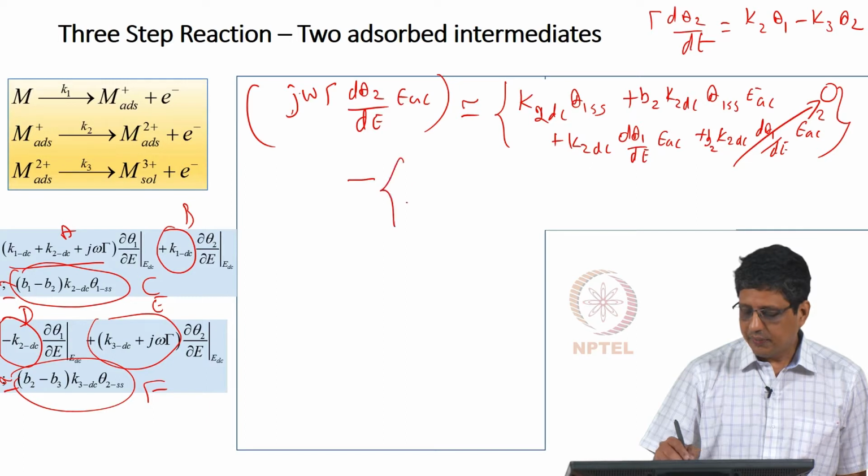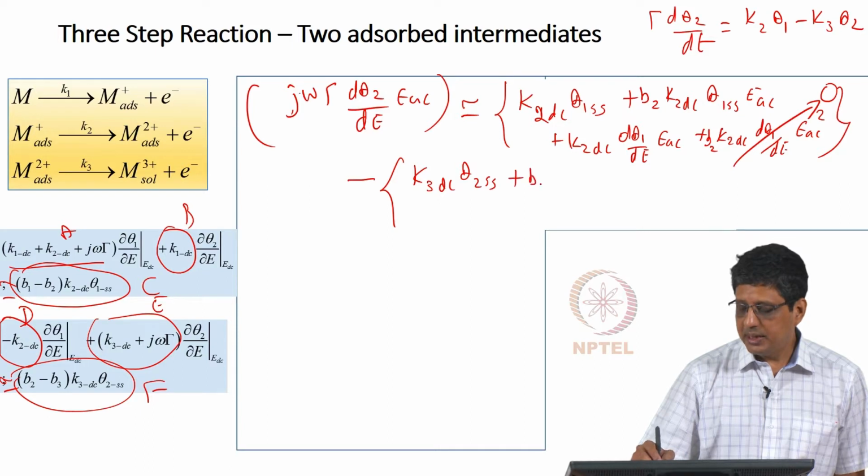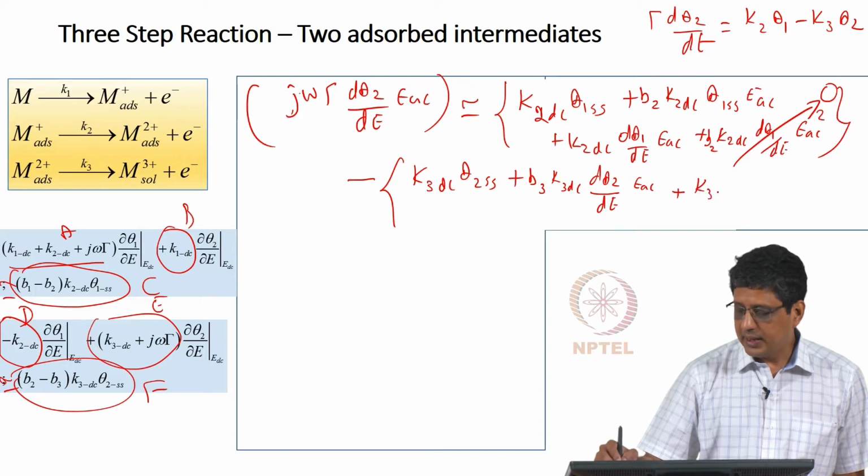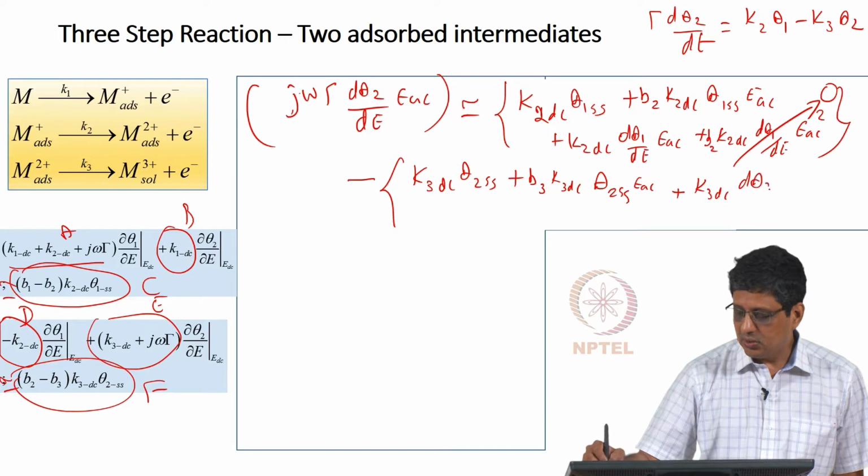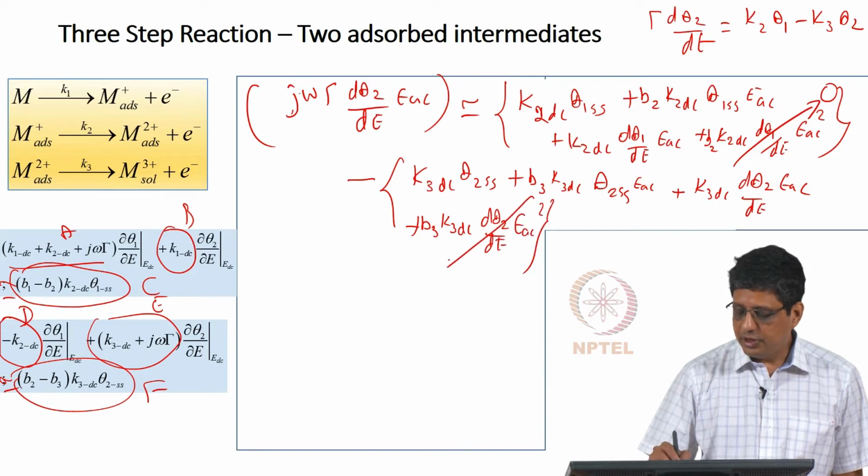Second, similarly we are going to do k3 dC theta 2 SS plus B3 k3 dC d theta 2 by dE EAC plus k3 dC, I am sorry, this is going to be theta 2 SS, this is going to be d theta 2 by dE EAC plus B3 k3 dC d theta 2 by dE EAC square, out of which the fourth term will go to 0.